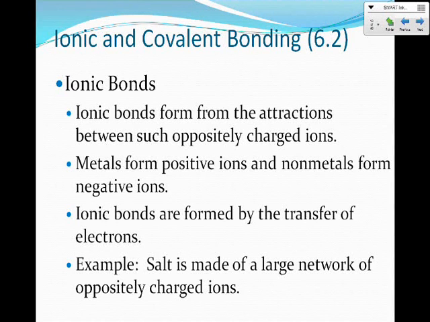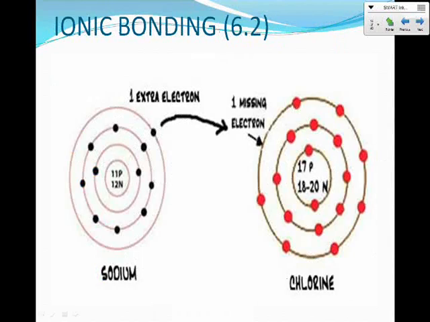So an example of an ionic bond is salt, and it's made of a large network of oppositely charged ions. It's a bonded ion network, and we've talked about salt before. Sodium is a metal, chlorine is a nonmetal. When they come together, they're sodium chloride. Now, this is an example of ionic bonding, and this is the sodium and chlorine example.